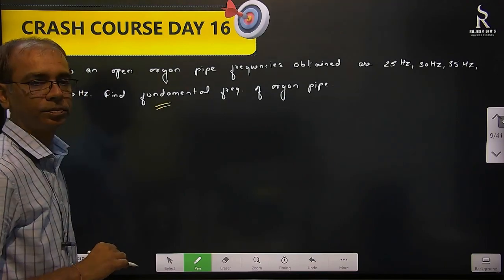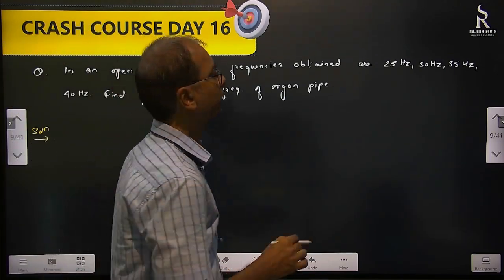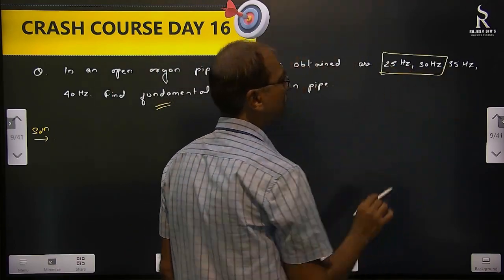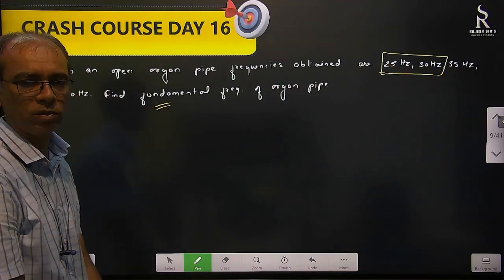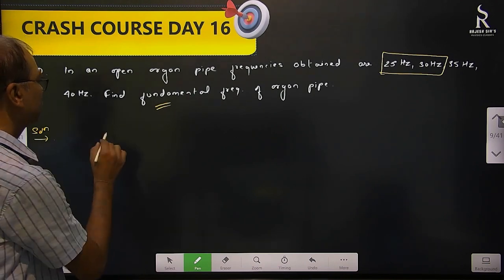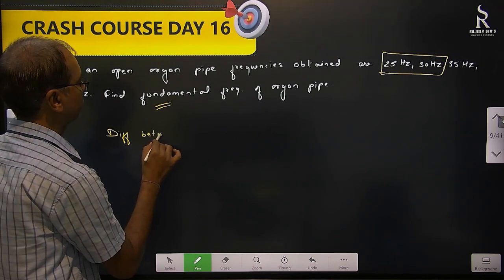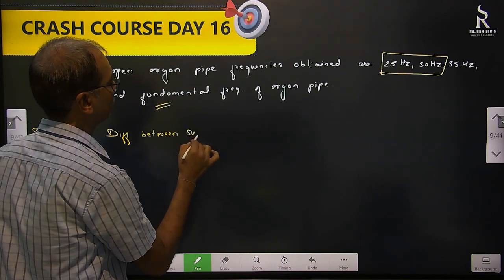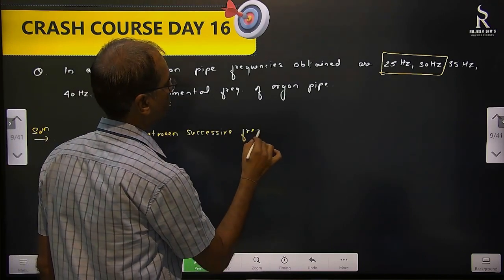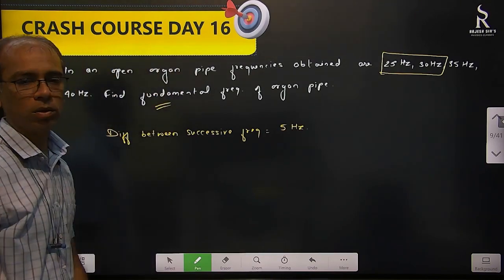So what to do? In this case, if suppose that successive frequencies are given, we are going to find out the difference between successive frequencies. And you can see that there is same difference between any two successive, 25, 30, 35, 40. Difference between successive frequencies is 5 Hz.